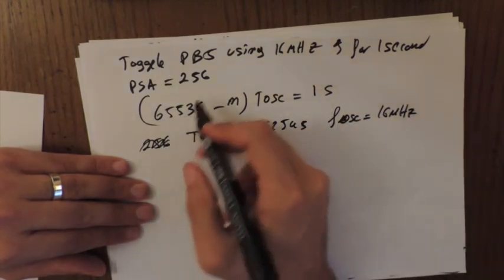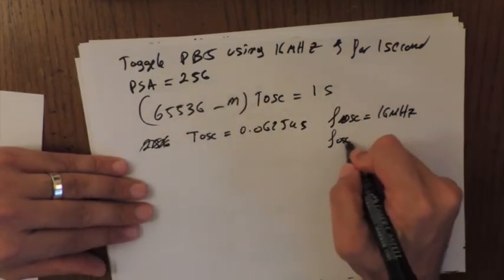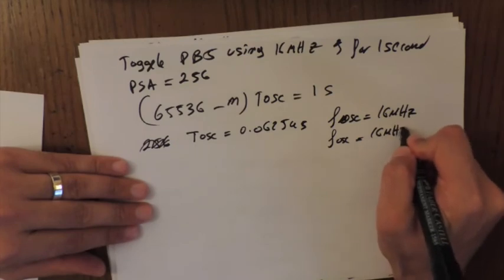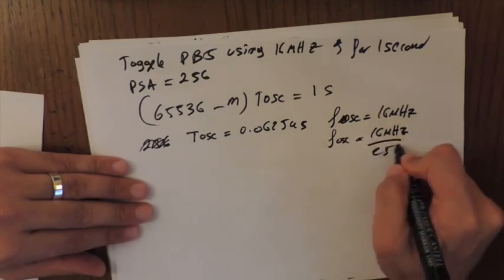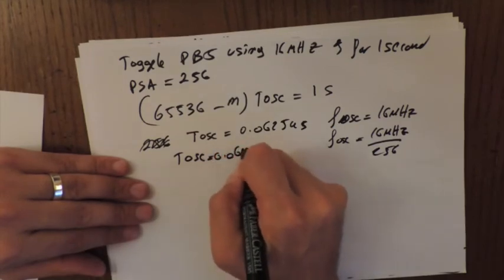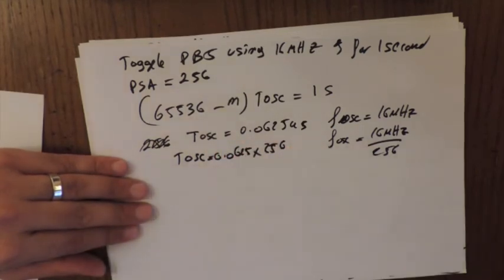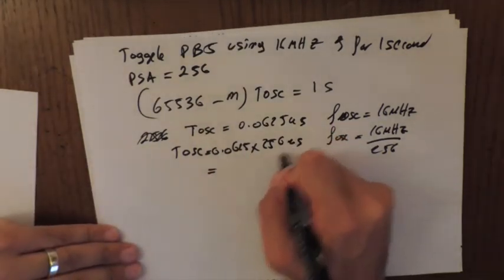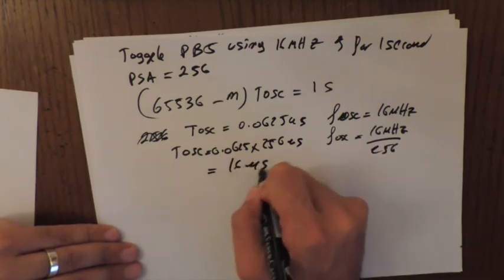If you use a prescaler of 256, f oscillator is equal to 16 megahertz over 256, or we can say t oscillator is equal to 0.0625 times 256. Multiplying those two together, this is 16 microseconds.